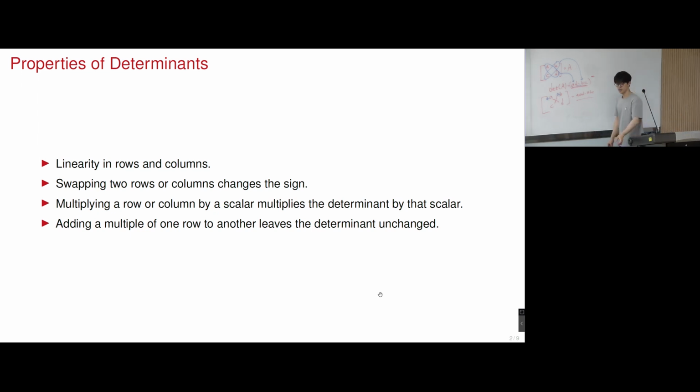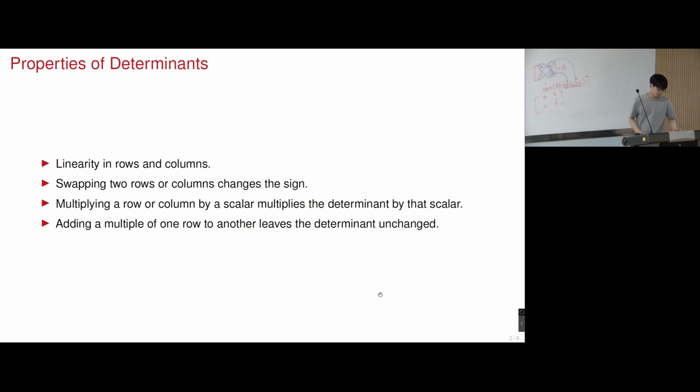And we have another quality which is more interesting, number 4, which says adding a multiple of one row to another leaves the determinant unchanged. So what does that mean?